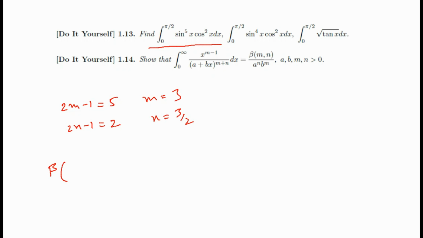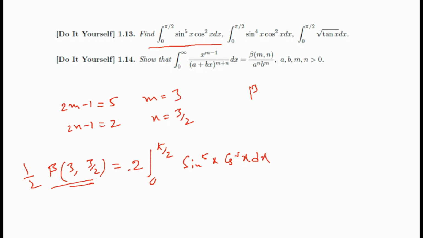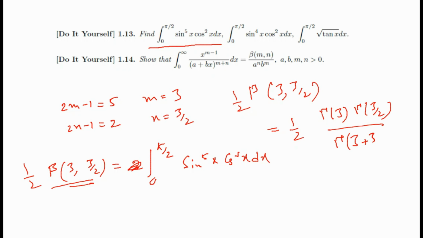Ultimately you can get beta 3, 3 by 2 equal to 2 integration 0 to pi by 2 sine power 5x cos square x dx. Now you need to just calculate this. So this is equal to 1 by 2 beta 3, 3 by 2, equal to, you can just write half gamma 3 gamma 3 by 2 by gamma 3 plus 3 by 2. And like this you can easily find the value.